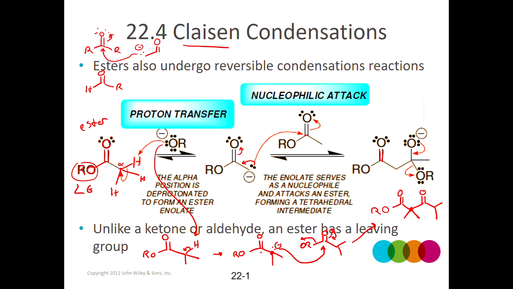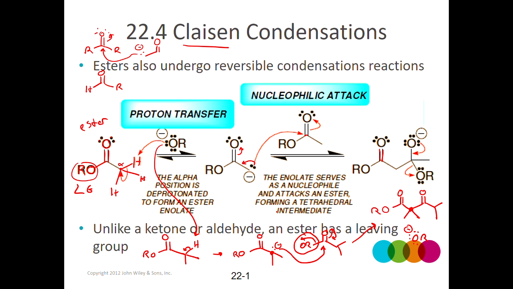So at this point, the leaving group that left right here is also negative, and that's pretty unstable. So normally that picks off a proton from this alpha carbon. That's why we need a second proton here.